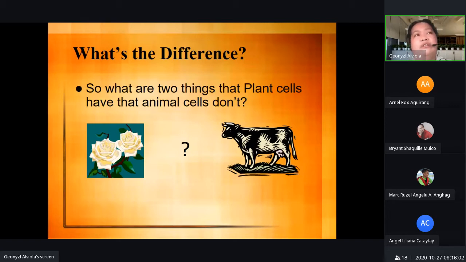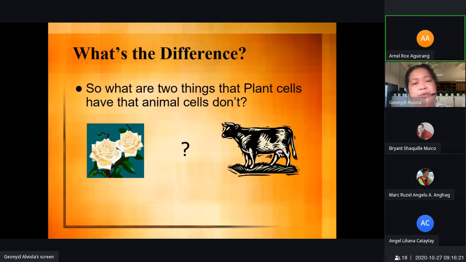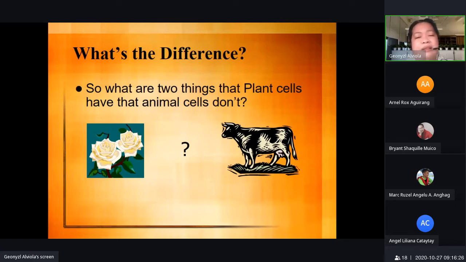In terms of centriole, the centriole was not mentioned in this PowerPoint. Centrioles are very important during mitotic division because they create spindle fibers that put the chromatin fibers in place. This is only present in the animal kingdom. Centrioles are not present in plants.